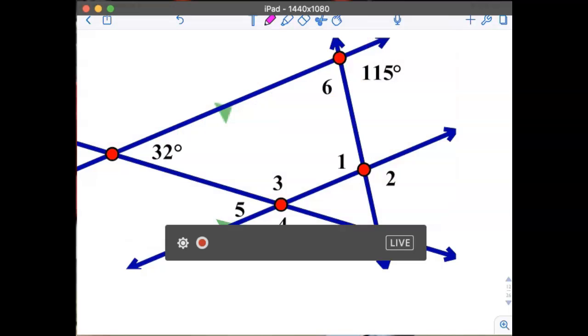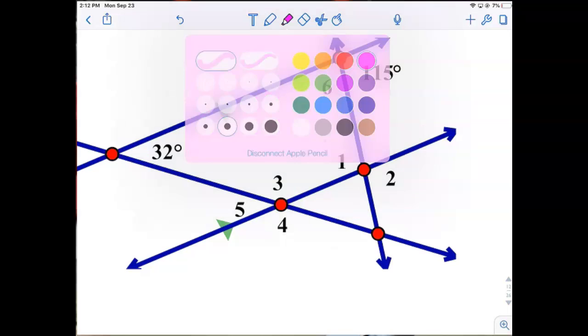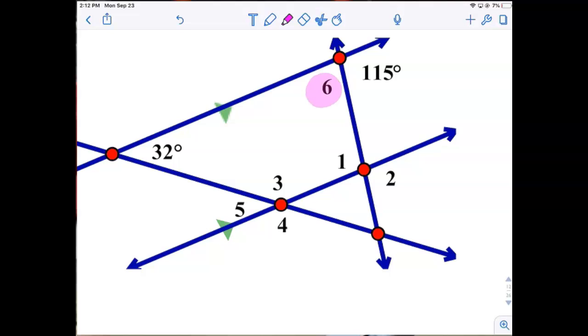So regardless of the question over there, I'm just going to fill out as many angles as I can, just like we did in class today. I'm going to figure out as many as I can, because it'll probably give me all the answers I need.